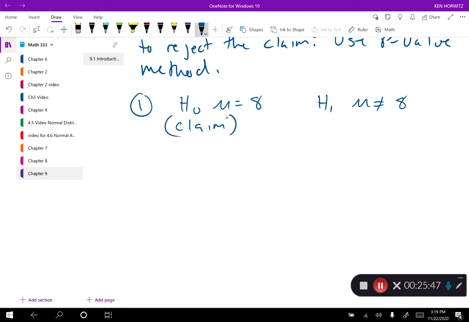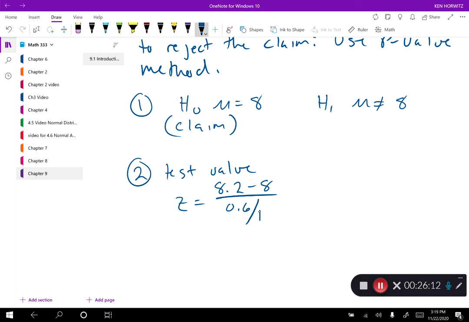The next thing we're going to get is our test value. Our test value is z equals, using the z-score formula, 8.2 minus 8 over 0.6 divided by the square root of 32.